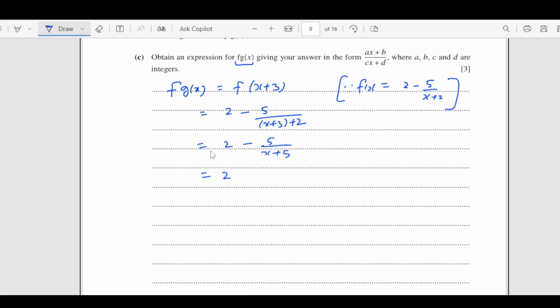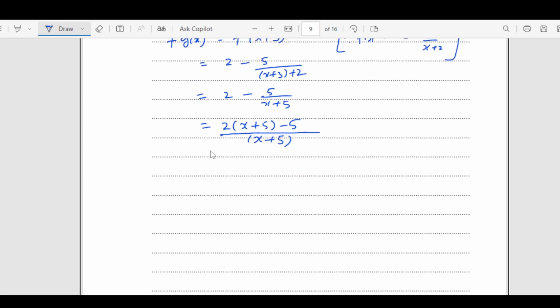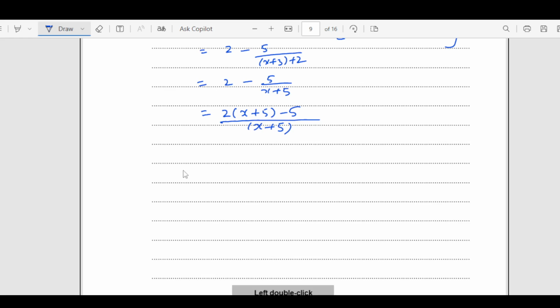That is going to become (2(x + 5) - 5)/(x + 5). Now let's just expand it. This is (2x + 10 - 5)/(x + 5), so this is going to become (2x + 5)/(x + 5).